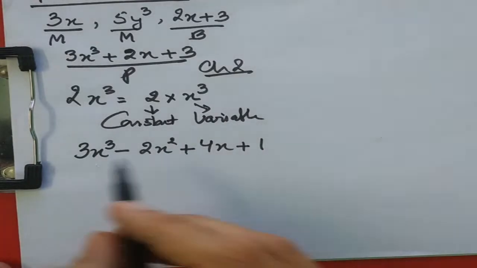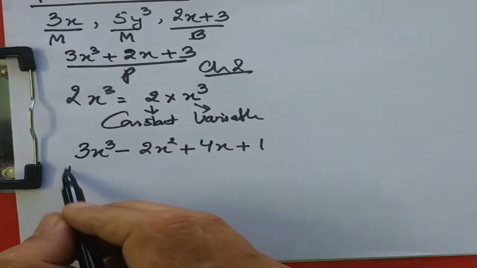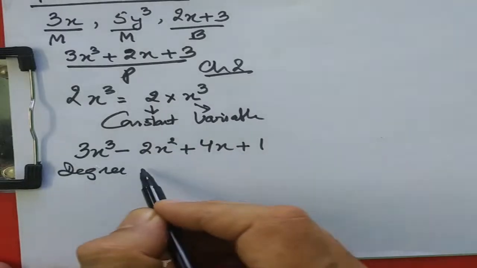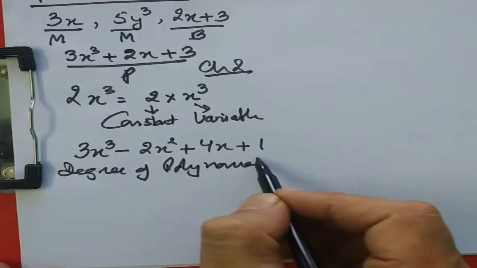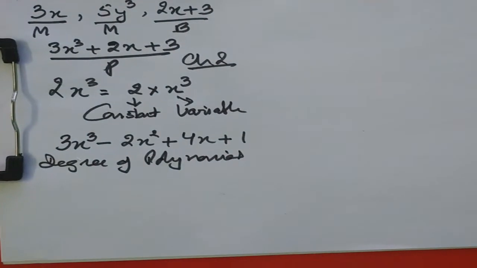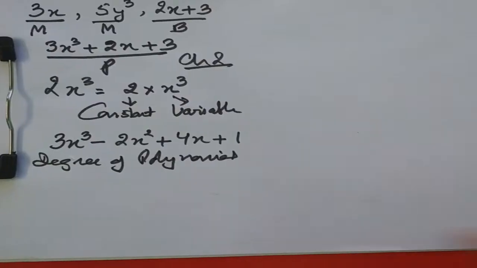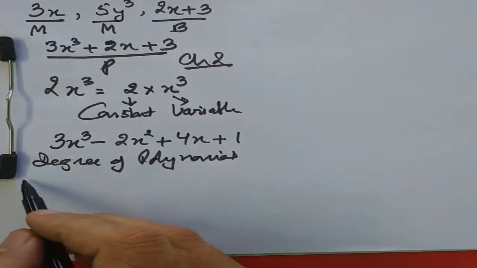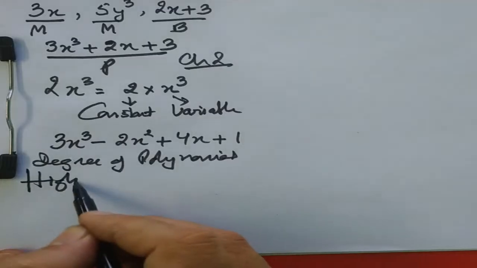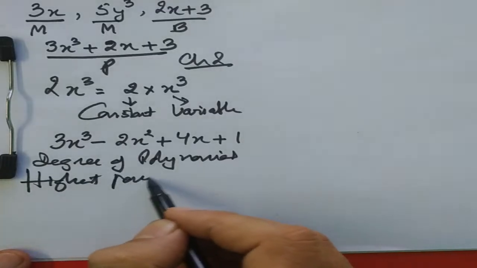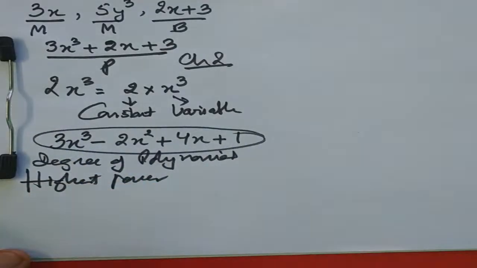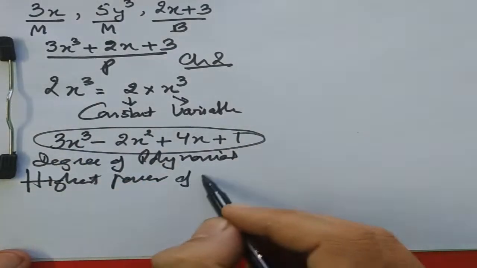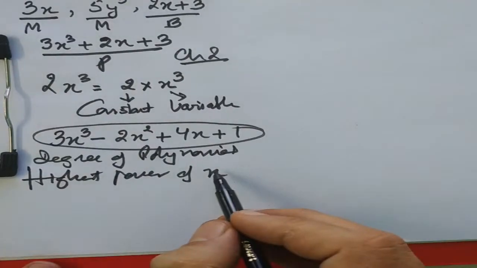In this polynomial, the first thing you have to understand is the meaning of degree. Degree of a polynomial. So what do you mean by the degree of a polynomial? Degree of a polynomial means the highest power in this expression. So the highest power of x.